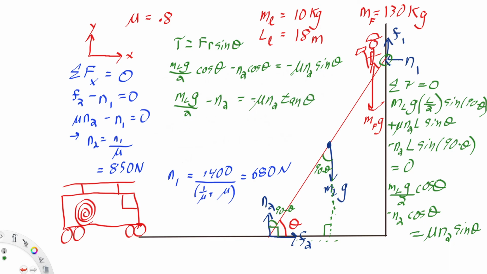Then we can divide both sides by negative mu N2. And if we take the inverse tangent of that, we will have ourselves our theta.